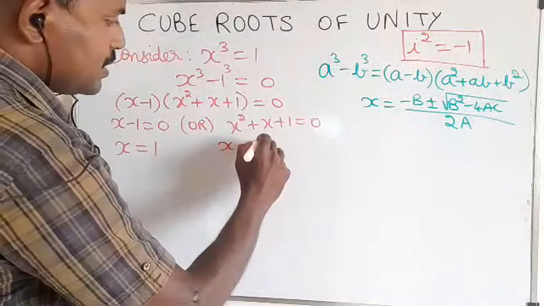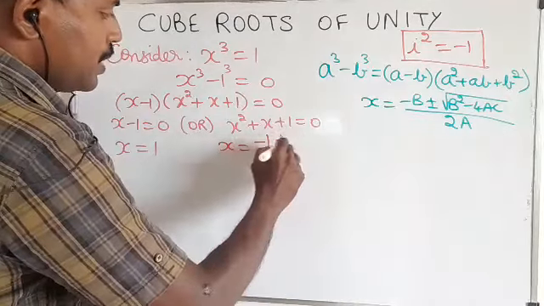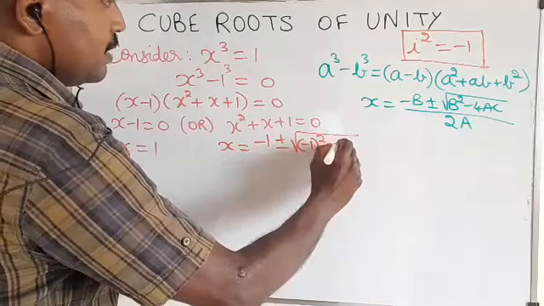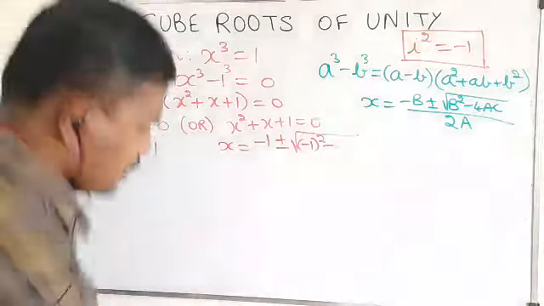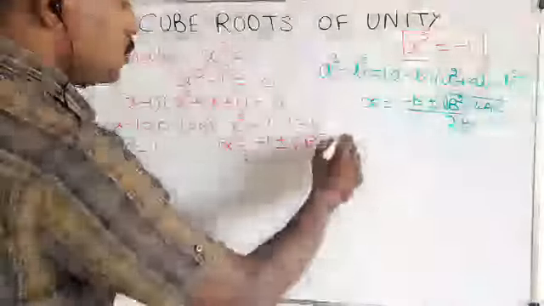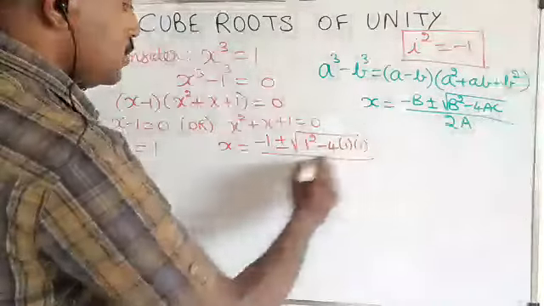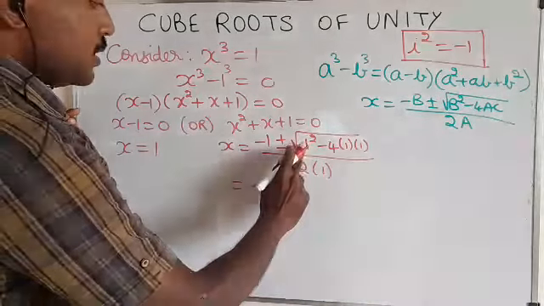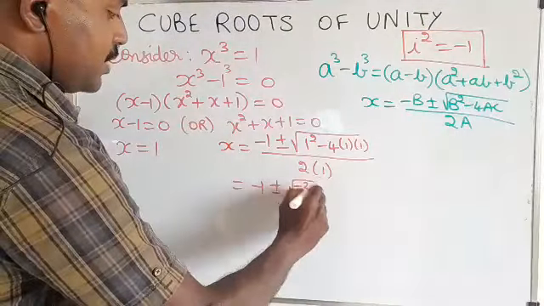Okay, so let us substitute in the formula: minus 1 plus or minus root of 1 square minus 4 into 1 into 1, by 2 into 1. So we have minus 1 plus or minus, this is 1 minus 4, which is minus 3, square root of minus 3 by 2.